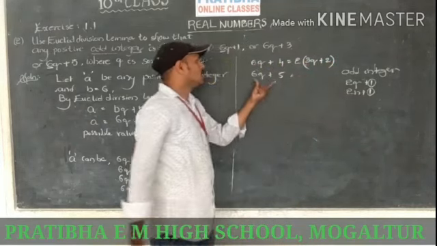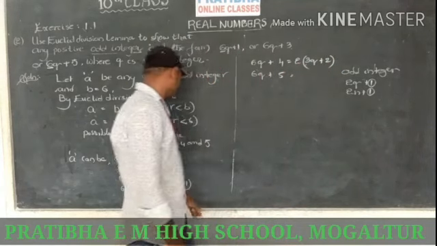But we can't write 6q plus 5 as 2 into something.